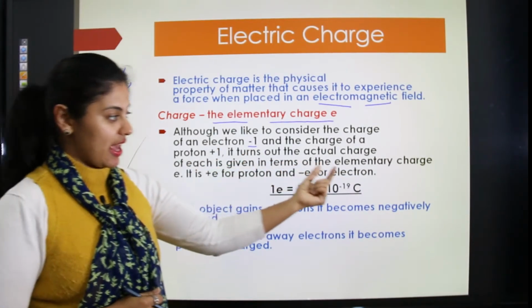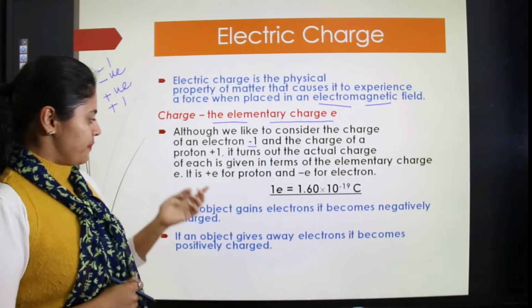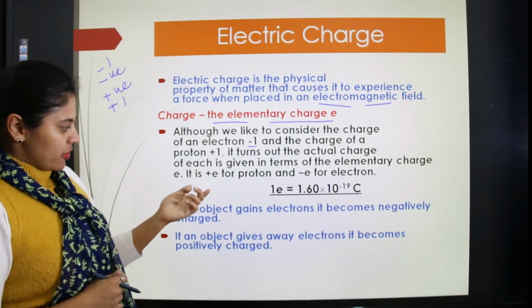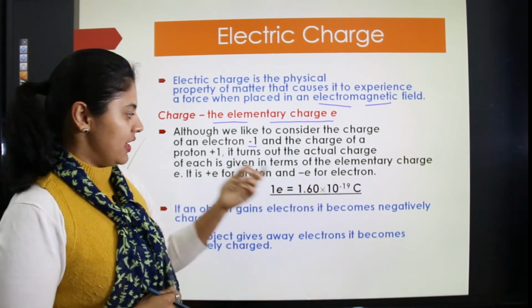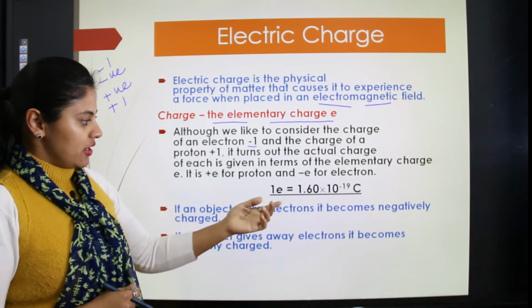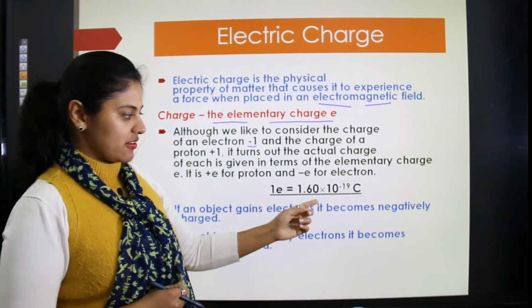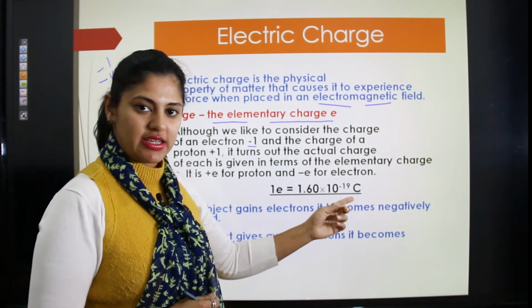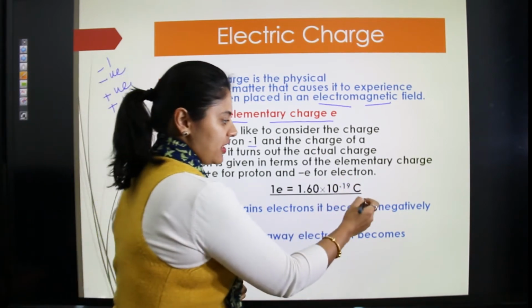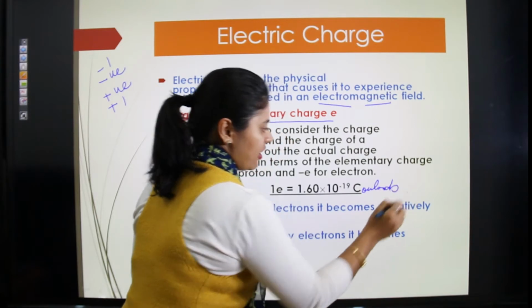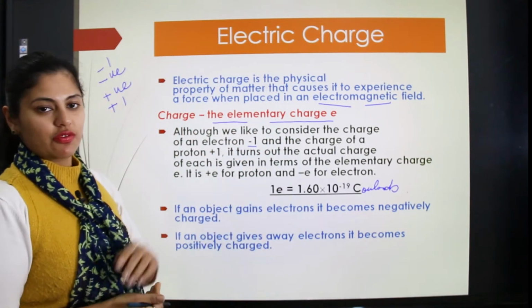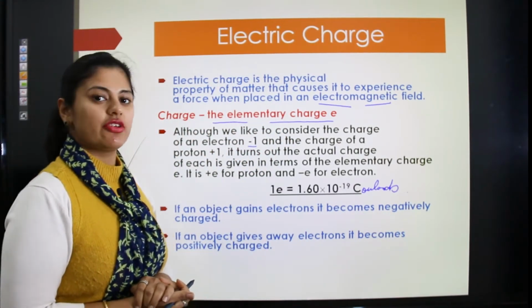So basically the name elementary means 1. e is the symbol for that, and it is +e for the proton and -e for the electron, where 1e is equal to 1.60 × 10^-19 coulomb. Here C is for coulomb, so that's the unit for measuring the elementary charge, or the charge.